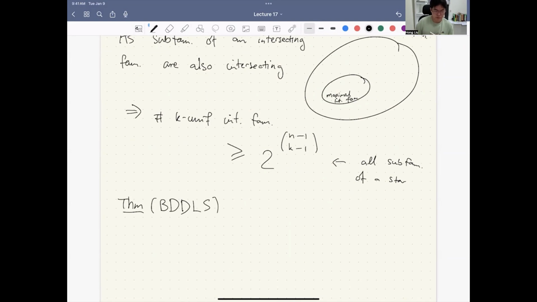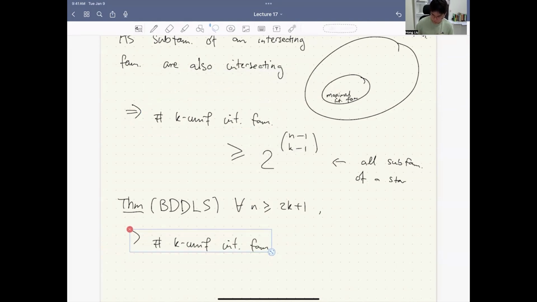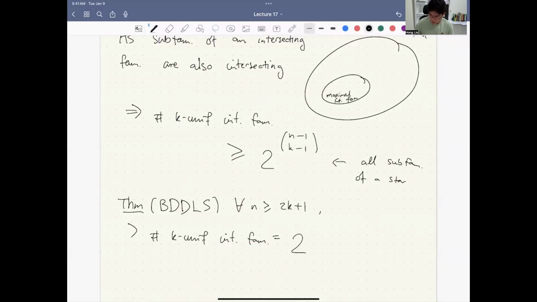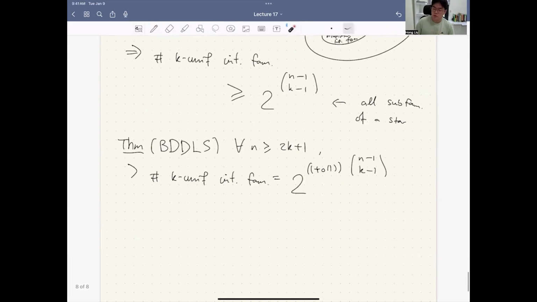We proved that for any n bigger than 2k plus 1, the number of intersecting families is equal to 2 to the 1 plus little o(1) times n-1 choose k-1. So this lower bound is not very far from the truth.